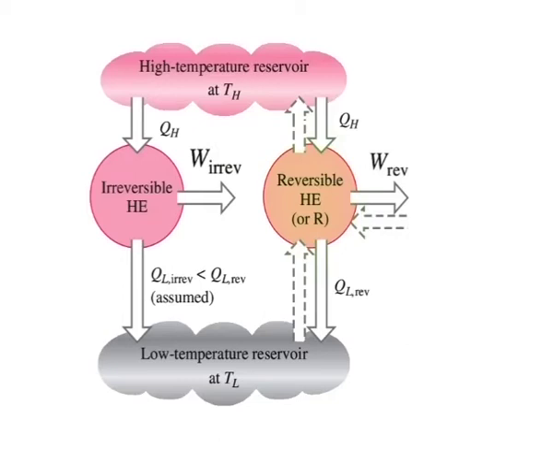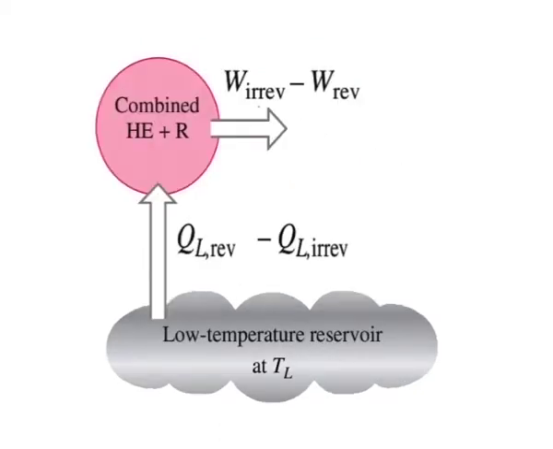Now consider the refrigerator and the irreversible engine together. We have an engine that produces a net work in the amount of W irreversible minus W reversible while exchanging heat with a single reservoir, a violation of the Kelvin-Planck statement of the second law.